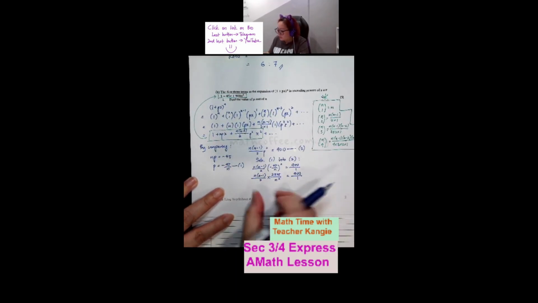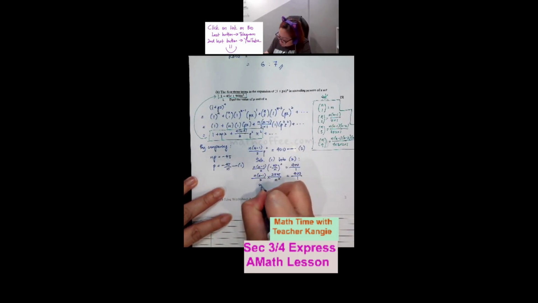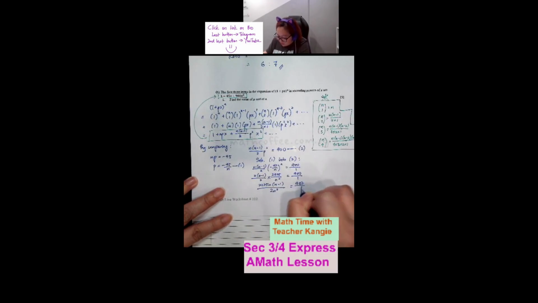This one, negative to the power of 2 is positive. 45 squared will be 2025 over n squared equals 900 over 1. So since this is multiply, I'm going to put them together. So you will have 2025n(n minus 1) over 2n squared equals 900 over 1.